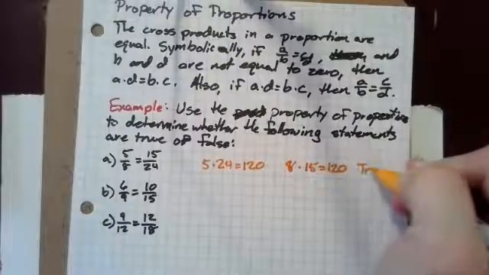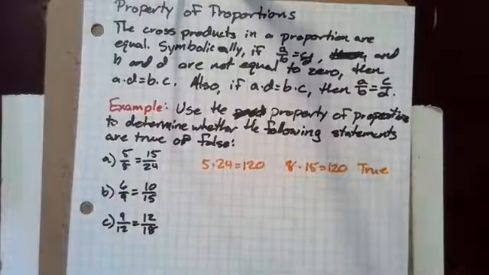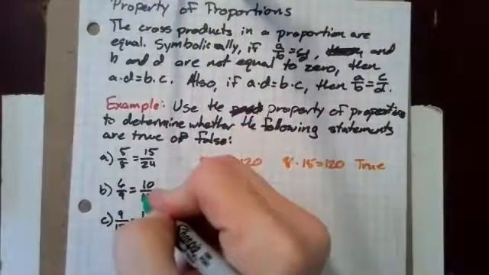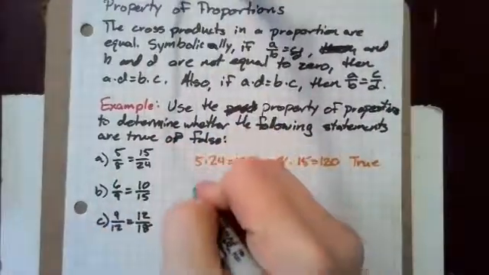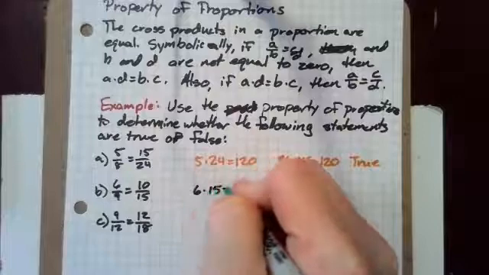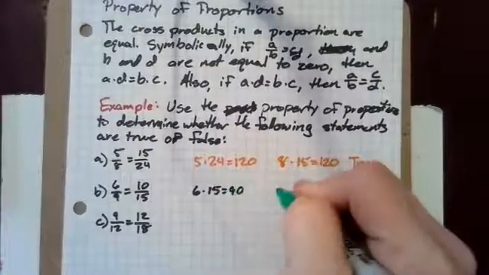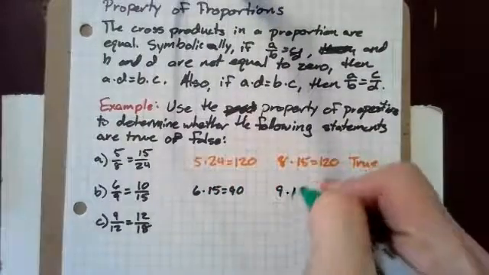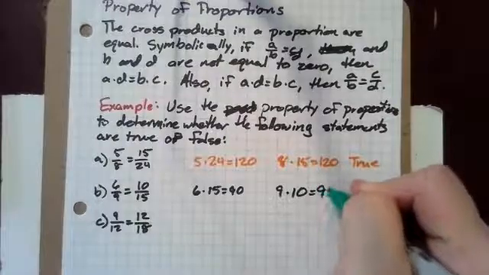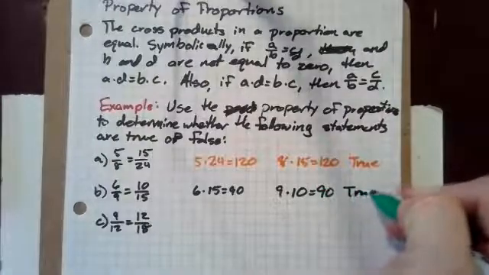So this is true. Next, we have 6/9 equals 10/15. So 6 times 15 is 90, and 9 times 10 is also clearly 90. So again, this is true.